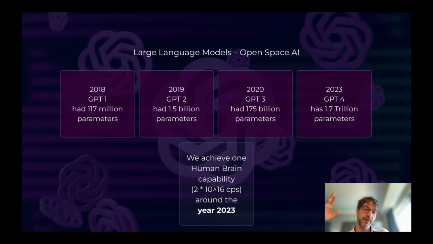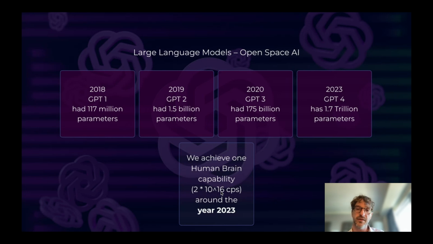Now, I'm not claiming that 1.7 trillion parameters are equivalent to calculations per second. I'm not claiming that. But what I am saying is that there's a pretty strong correlation between the two. Kurzweil in his document states that even if you change those numbers, because the thing is doubling every 18 months, 18 months from now it's going to be double this, 2 times 10 to the power of 17, and then 18 months from there.